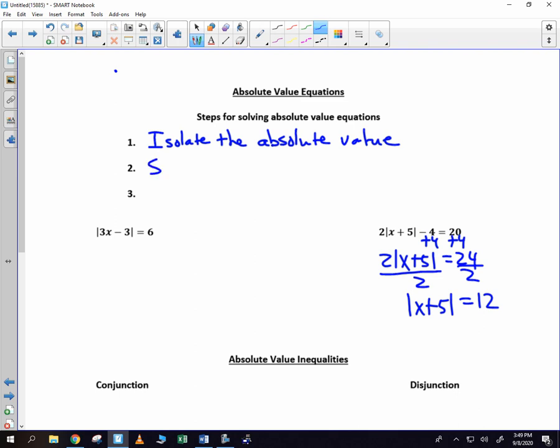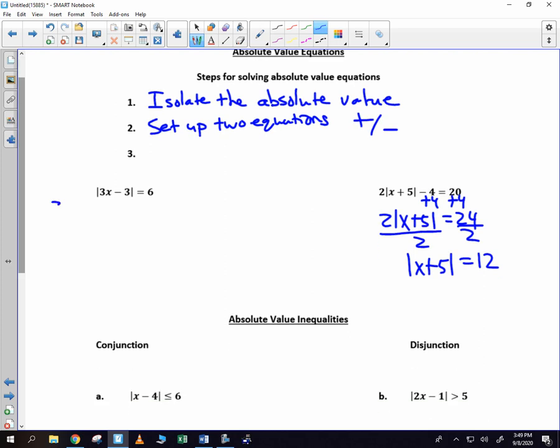The second step is to set up 2 equations, a positive and a negative. In this situation, we'll have 3x minus 3 is equal to 6, and we'll have 3x minus 3 is equal to negative 6.